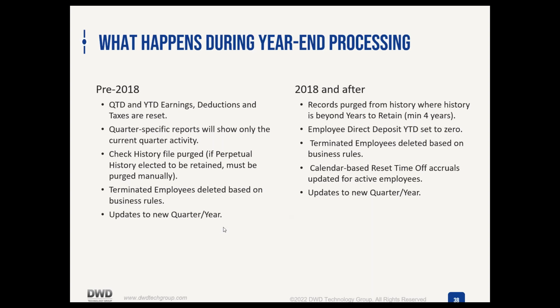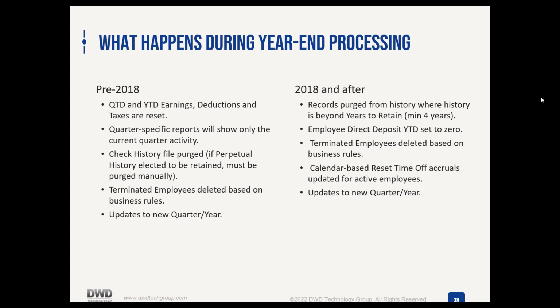For what I would say is the majority of us, if not all of us, currently running on the new business framework, records from history will be held for at least 4 years. Employee direct deposit year to date gets set back to 0.